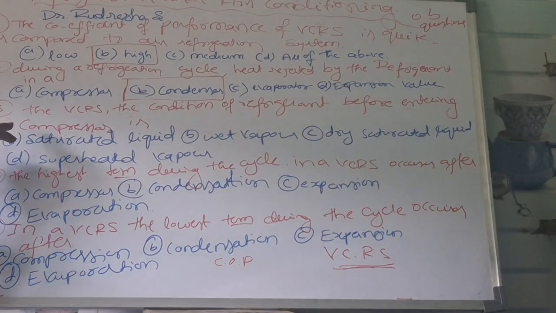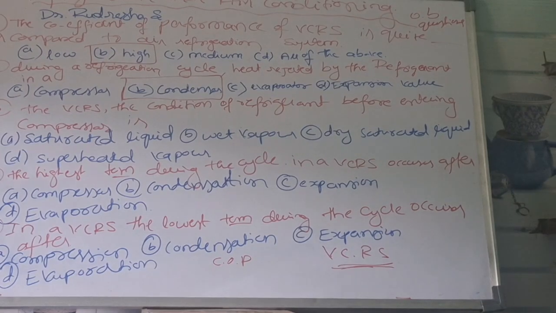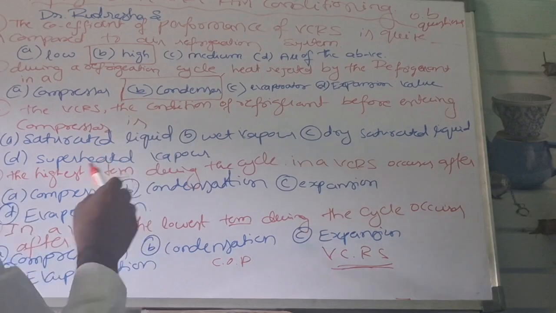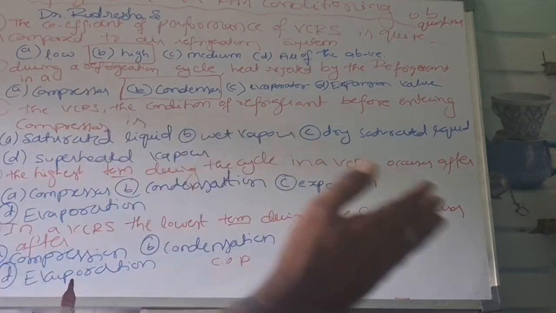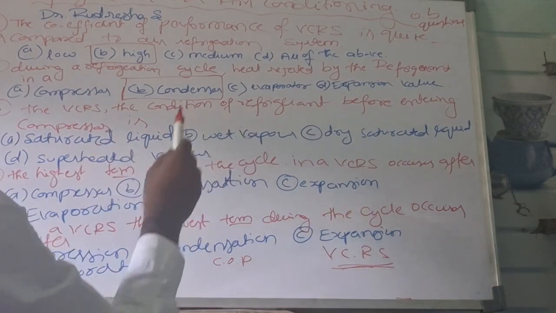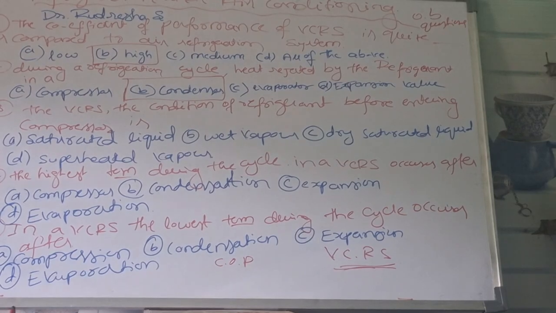The third question: in the VCRS cycle, the condition of the refrigerant before entering the compressor is: saturated liquid, wet vapor, dry saturated liquid, or superheated vapor.